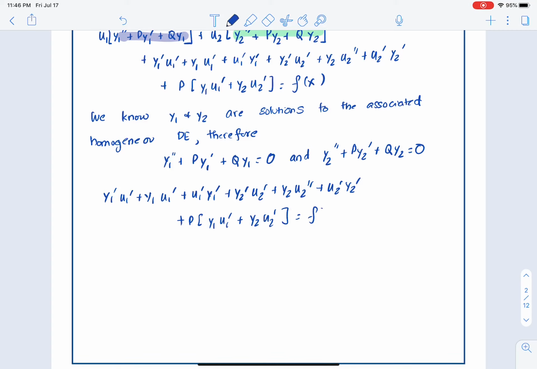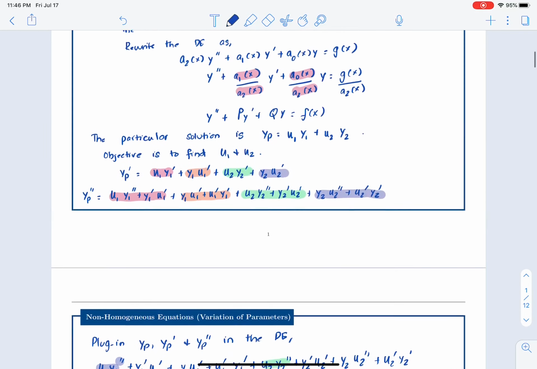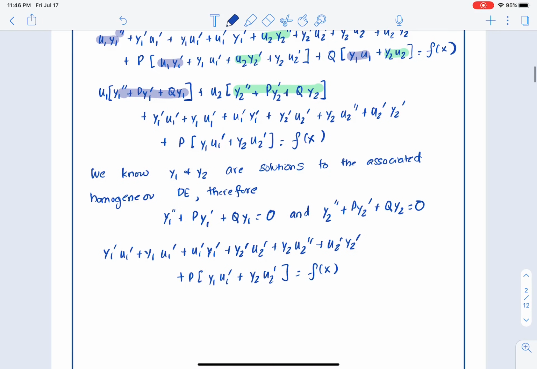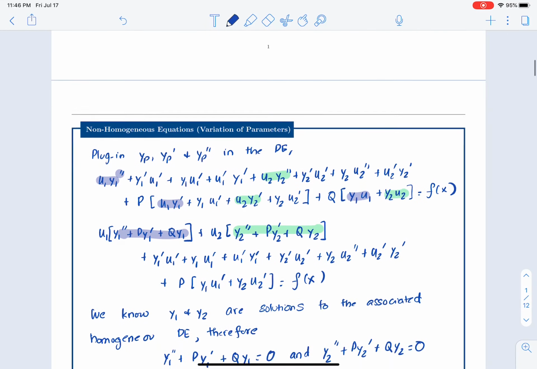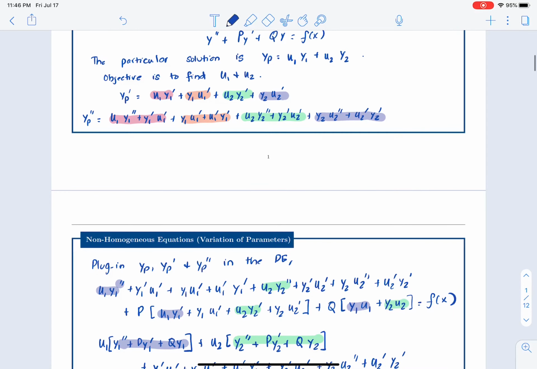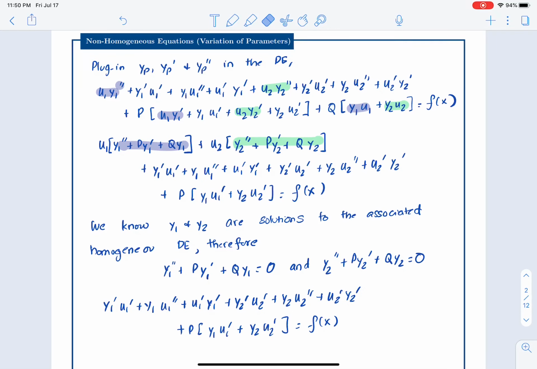I am quite sure that I missed out a double prime here. This should be double prime. I think we are okay.